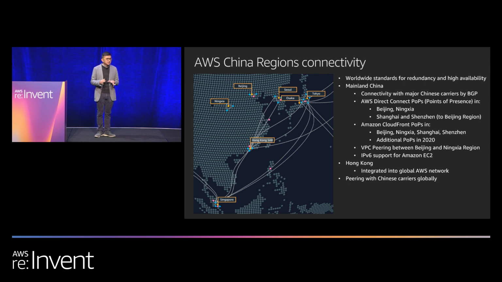We've added Direct Connect POP locations. I hope you understand what Direct Connect POP is. It is the ability for you to connect from your data centers inside China into an AWS region. Of course, we have had connections in Beijing and Ningxia, but we have added connections in Shenzhen and Shanghai.